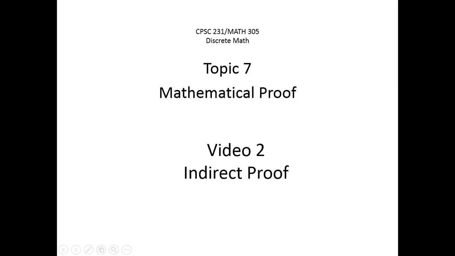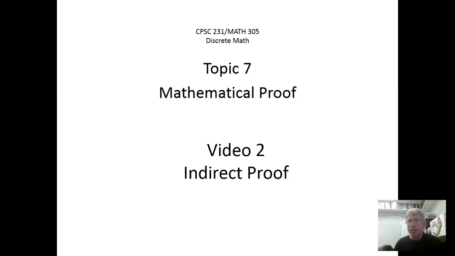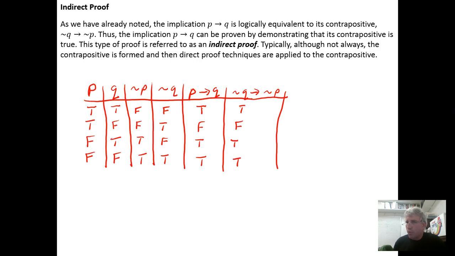So in this video we're going to review the technique of indirect proof. So again, in topic 1 we looked at truth tables, and in particular we looked at the truth table for P implies Q, and then we looked at the truth table for not Q implies not P. We looked at the truth table for both of these implications, and what we discovered was that they match in every row.